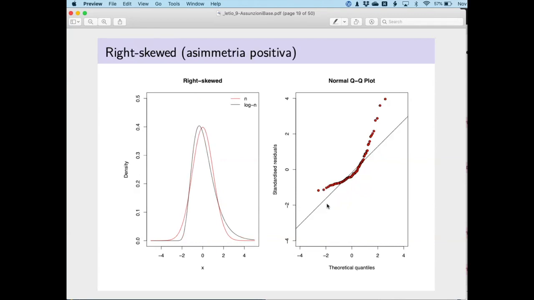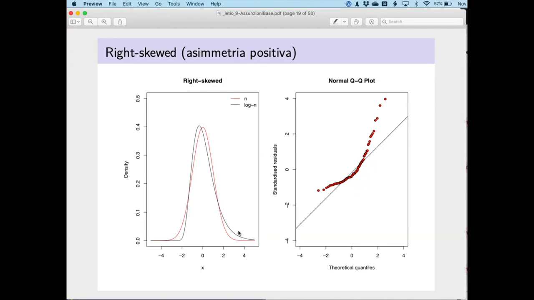In this case, look, the Gaussian is red here, and this is another distribution which is not symmetric. You see that it is leaning to the left, and that means that we have right skewed residuals. So if the residuals are right skewed, for example, log normal, they are not Gaussian.